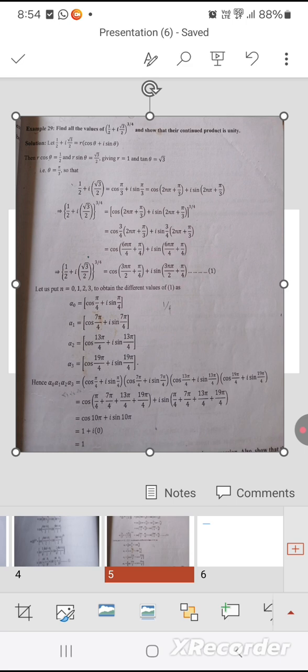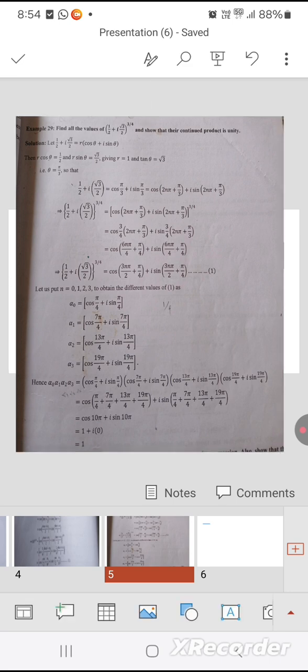Here the product is taken in polar form and is equal to cos(pi by 4 plus 7 pi by 4 plus 13 pi by 4 plus 19 pi by 4) plus i sin(pi by 4 plus 7 pi by 4 plus 13 pi by 4 plus 19 pi by 4), which is equal to cos 10 pi plus i sin 10 pi. The value of cos 10 pi is 1 and the value of sin 10 pi is 0, so this is equal to 1.